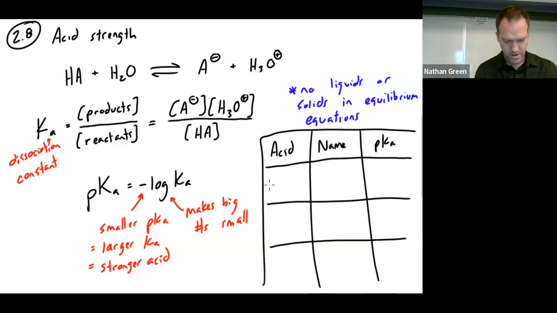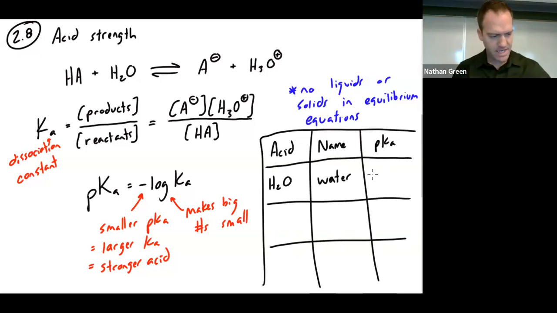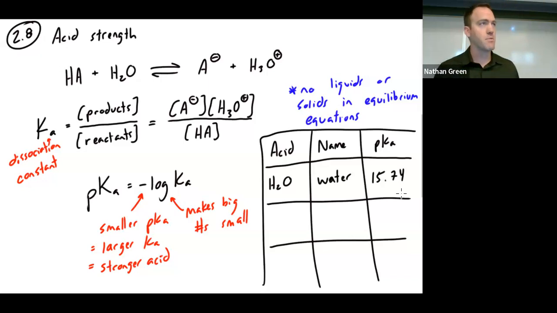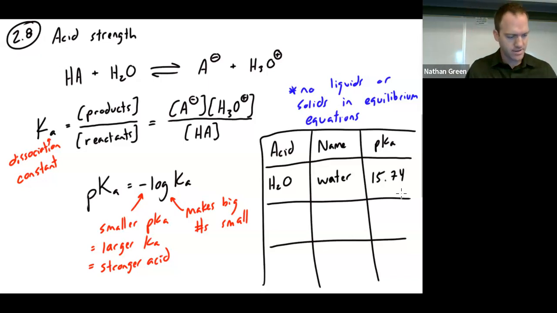Let's start with water. That is H2O. The pKa of water is 15.74. That's a number you do not need to memorize, but I want you to be able to compare pKa's.